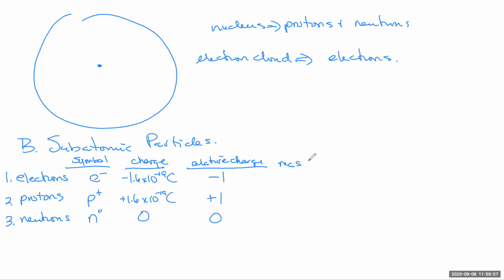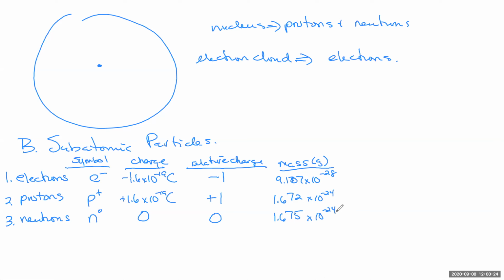And also, if we were to look at the mass of each, and this is in grams, an electron has a mass of 9.107 times 10 to the minus 28 grams. A proton has a mass of 1.672 times 10 to the minus 24, and a neutron is 1.67 times 10 to the minus 24.